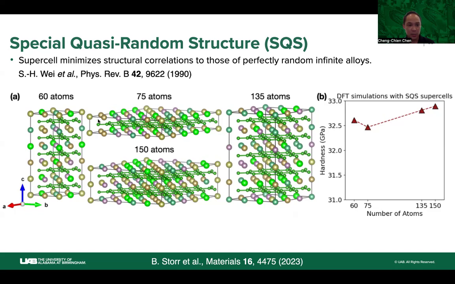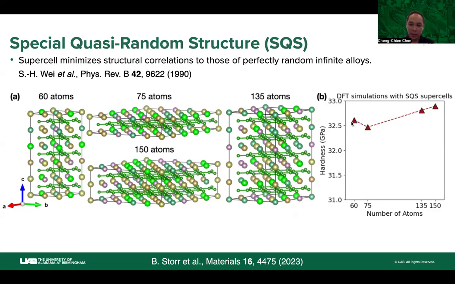Here the small green balls are the boron atoms, and the big colored balls are the transition metals. One can see that the results converge to roughly 33 GPa, and already at the 60 atom SQS cell, the results are pretty decent.